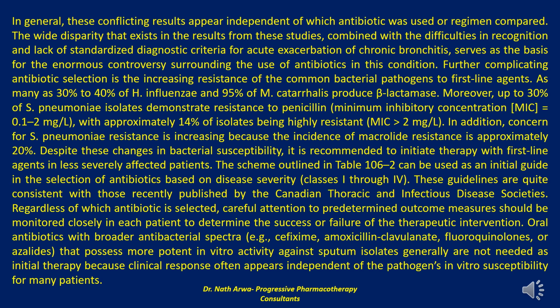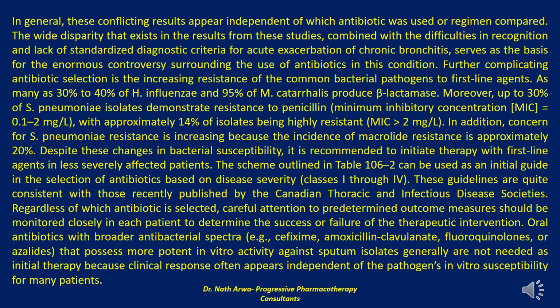These guidelines are quite consistent with those recently published by the Canadian Thoracic and Infectious Disease Societies. Regardless of which antibiotic is selected, careful attention to predetermined outcome measures should be monitored closely in each patient to determine the success or failure of the therapeutic intervention.